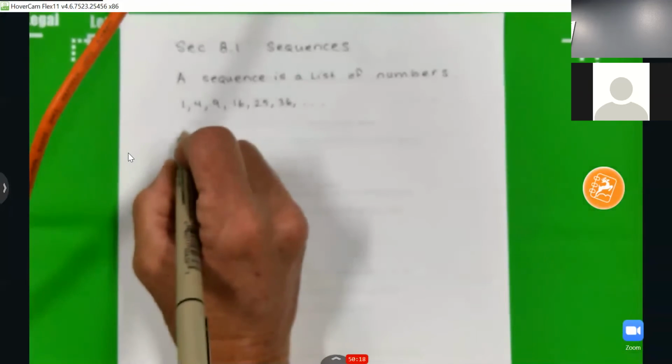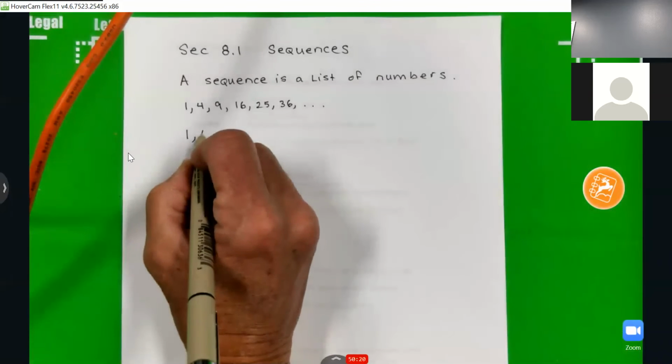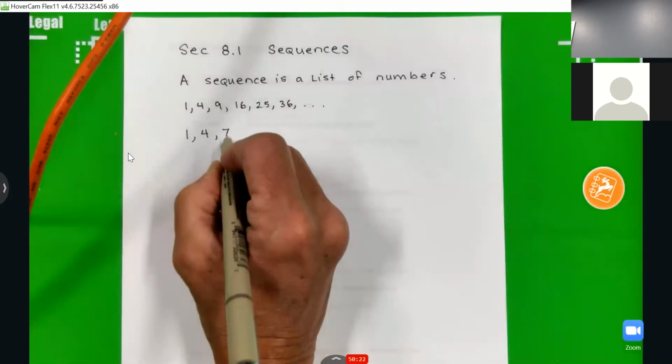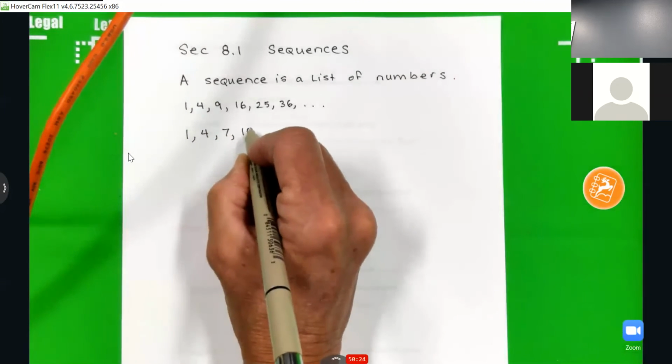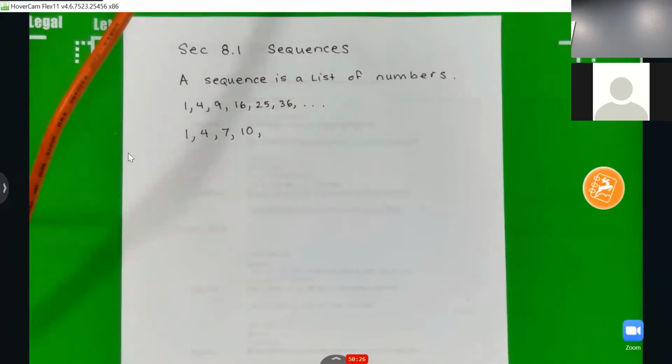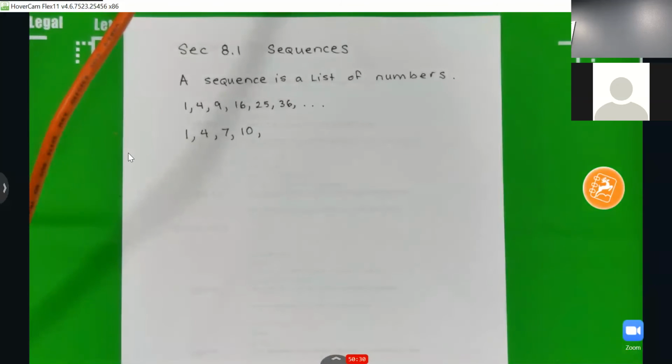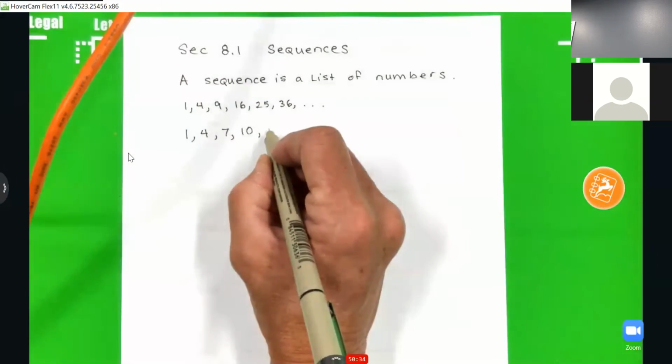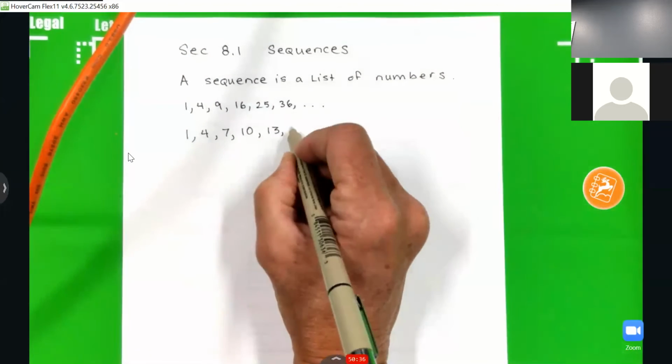Here's another one. 1, 4, 7, 10. Have I given you enough numbers in that list so that you can predict the next 2 or 3 terms? 13, 16, 19. I'm just adding 3 to the previous term.